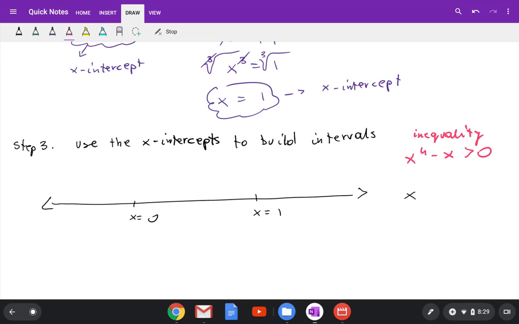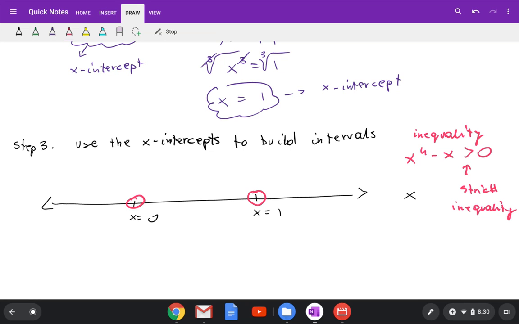So a couple things, okay? First of all, we have strict inequality. What that means, that those points, our x-intercepts, are not going to be included in our intervals, which will describe the final solution.